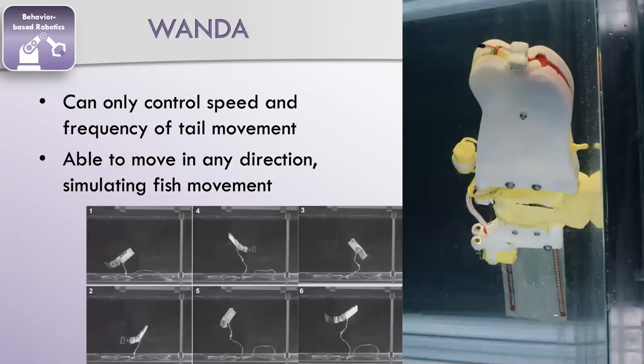And so people have been trying to do this for decades. There was a robot called Wanda that was able to move its tail up and down at a certain speed and frequency.